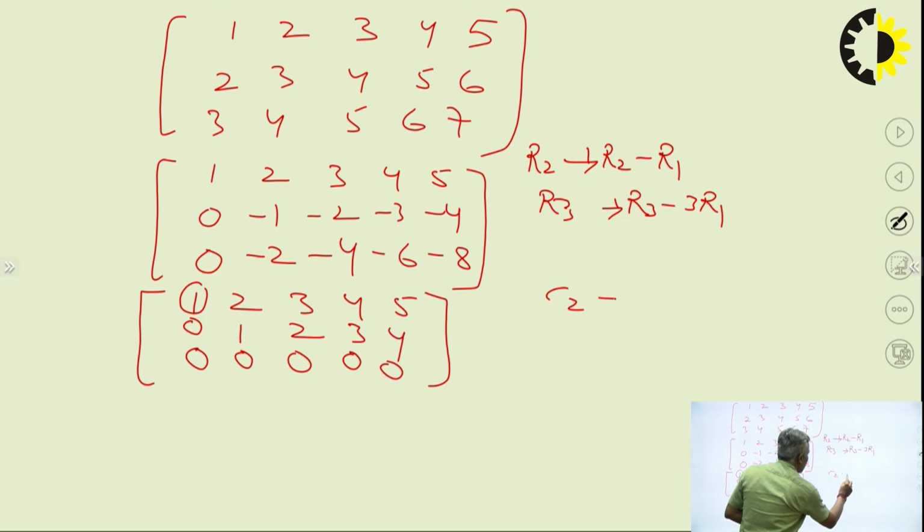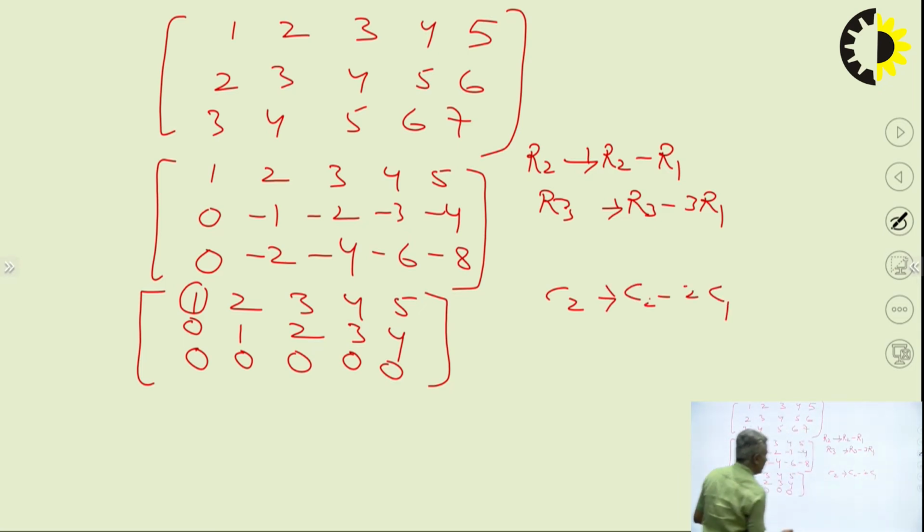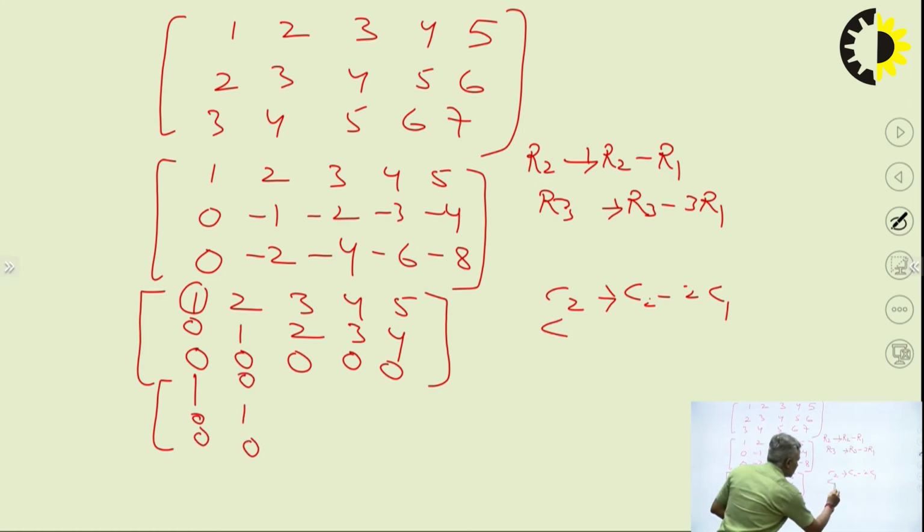So C2 arrow C2 minus 2C1, the first result is this. So what will be the result here? 1 0 0 0 1 0, and apply another operation C3 arrow C3 minus 3C1, right?